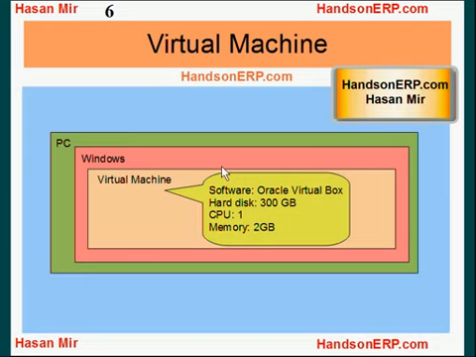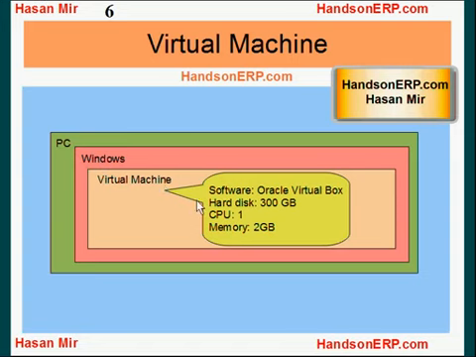So it's like running a computer within a computer. For practical purposes, you basically have two computers: your actual computer with the Windows operating system, and a virtual computer. And in this virtual computer we will install another operating system.